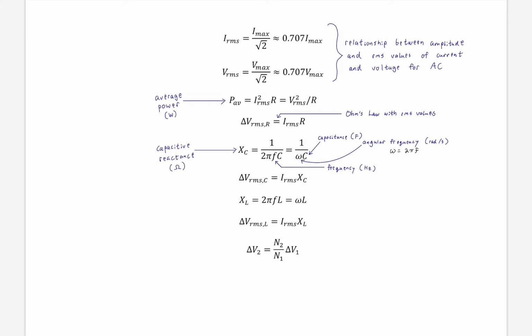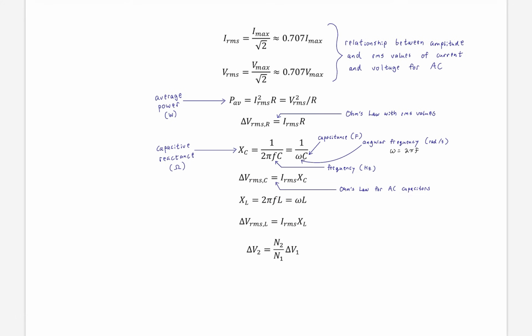If you think about Ohm's law, down here I wrote Ohm's law again, but with capacitive reactance replacing R. If you have a very large capacitor, you're going to have a small capacitive reactance, which means you're going to get a lot of current for a certain amount of voltage. So that's Ohm's law for AC capacitor circuits.